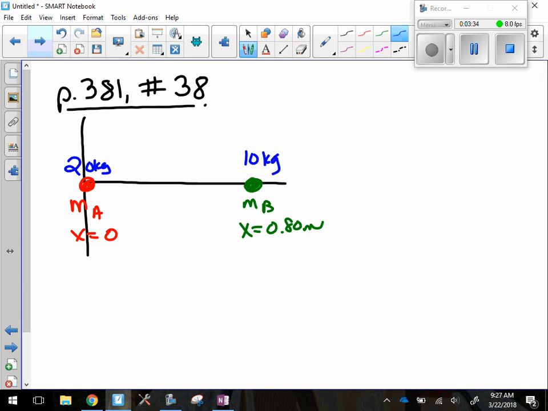Okay. And so I've got two particles, and we want to find what? The gravitational potential energy, which is, and remember the negative sign, negative G, M_A, M_B, divided by the r, which is the separation between those objects.